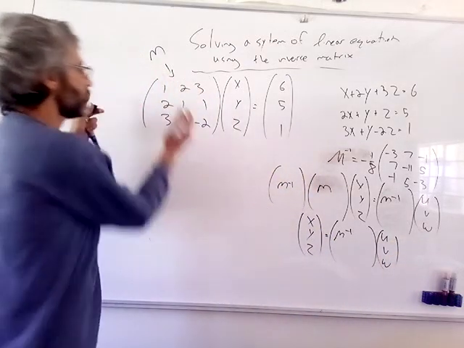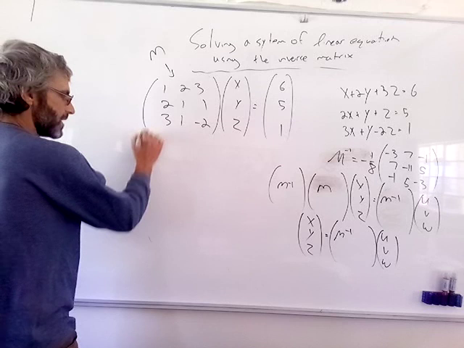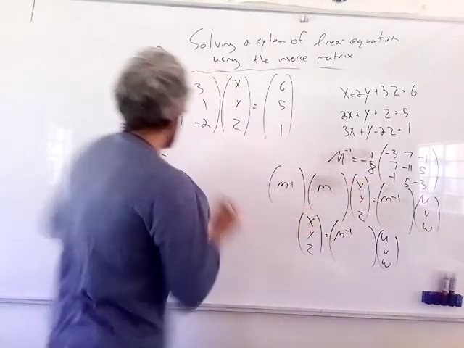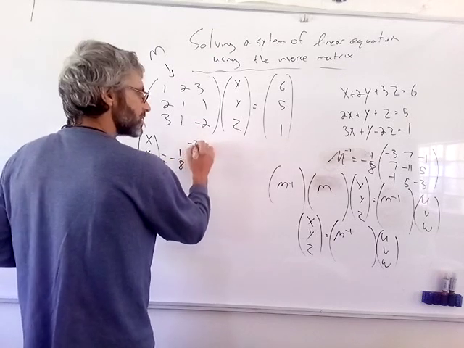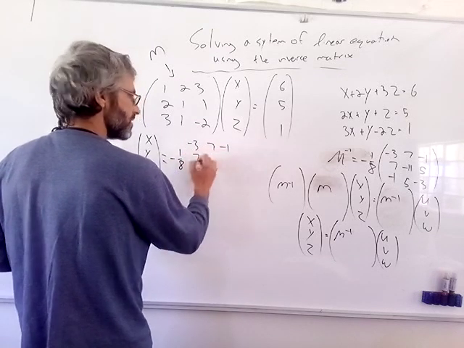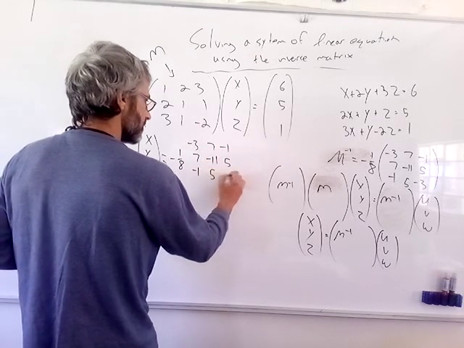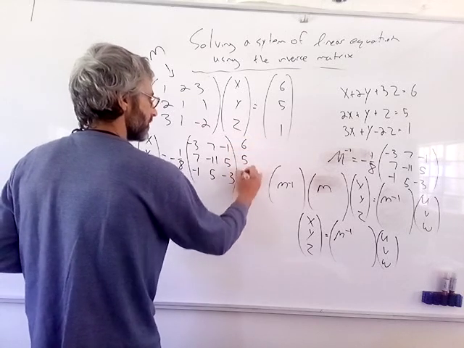So then I don't have to write the whole thing. All I've got to do is write this specific example: x, y, z equal to this matrix, minus 1 over 8, minus 3, 7, minus 1, 7, minus 11, 5, minus 1, 5, minus 3, times 6, 5, and 1.